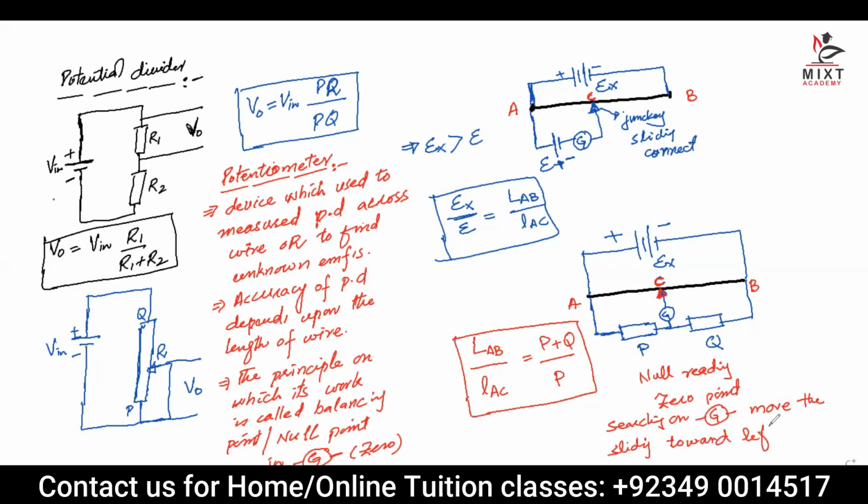This MCQ came in a recent paper, where the options say toward right or toward left. Remember that when you move toward left, you will find the zero point, the null point. Because when you move toward the B point, the length increases, and it will not give you the zero point.